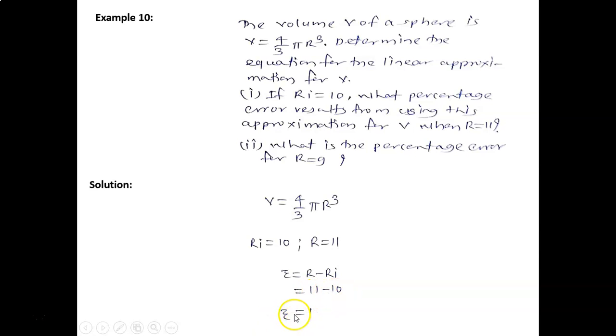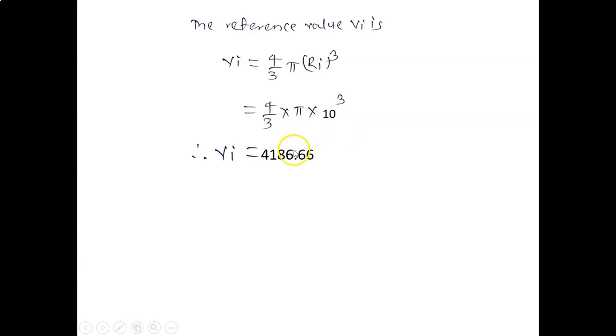Therefore, small r is equal to 1. Small r means variation in capital R. Now the reference value of volume Vi is 4 by 3 pi into Ri cube. Substituting the value of Ri is equal to 10, 4 by 3 into pi into 10 cube. Therefore, Vi, that is the reference value of volume at the point I, is equal to 4186.66.